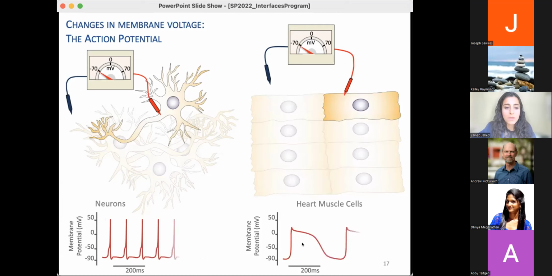And for heart muscle cells, very similar shapes are seen. So these are each called an action potential. And this is how the heart muscle cells and the neurons are able to actually communicate with each other. And so the recording of this action potential is important in a lot of fields of biomedical sciences.